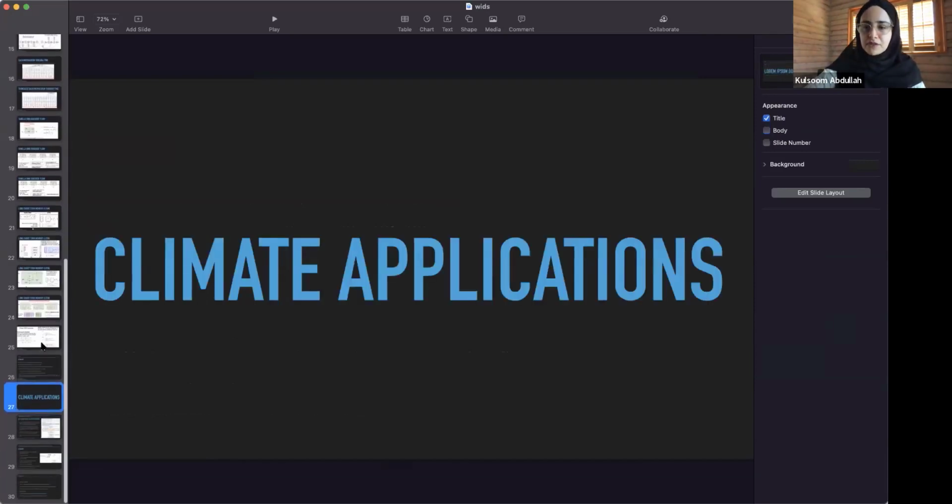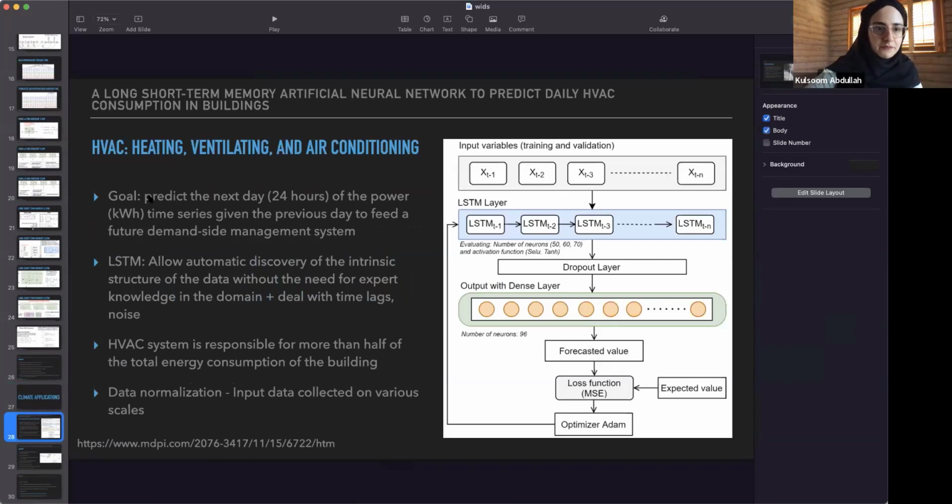Okay, so I'll briefly mention the two climate applications. For the first one, there's a paper that used LSTMs to come up with a model to predict how much energy, or kilowatt hours, the HVAC, the heating, ventilation, and air conditioning, of a building would consume.